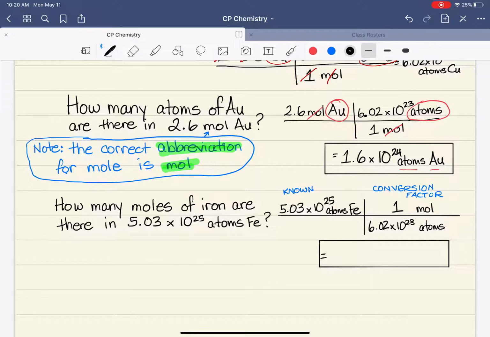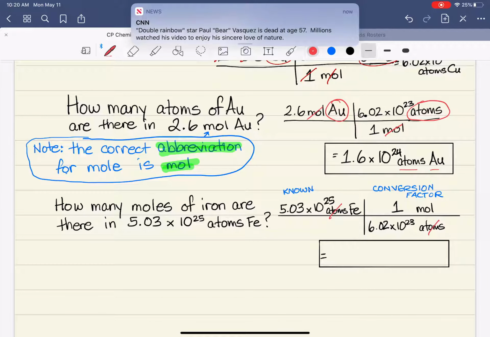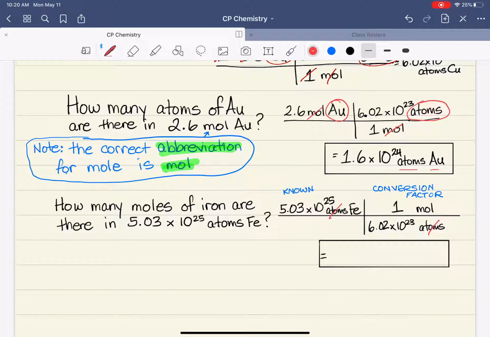All right, so I'm going to plug this into my calculator. Oh, not yet. First, I'm going to deal with my units here. Let's change colors. All right, atoms are going to disappear. Atoms are no longer a part of my answer. Moles are going to appear now. I'm going to have moles of iron as my units. So I can go ahead and write that down. Moles of iron. Those are my units.